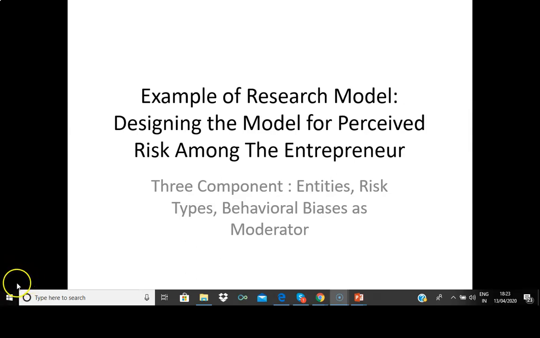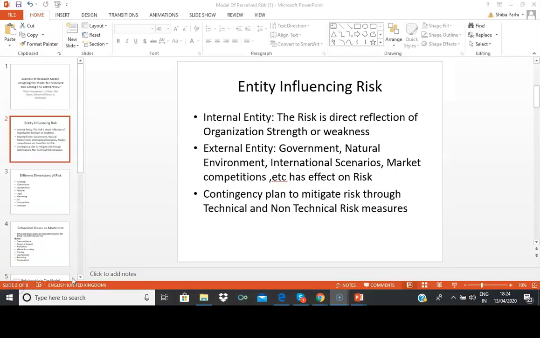So let us see how the research model is developed for perceived risk among entrepreneurs. On the basis of different research theories, the entity risk types and the behavioral biases as the moderator, the researcher wants to frame a research model here. As for the research framework, there is an entity influencing the risk.